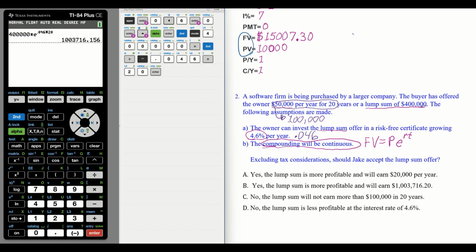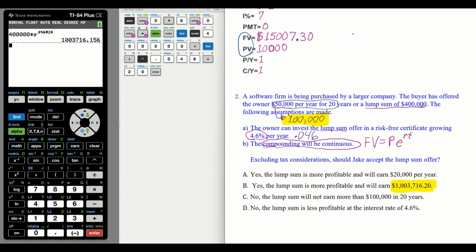Push enter. It gives us something to look at. So what that's saying is that after 20 years, that's how much money we would have. And now we go and compare. That is definitely more than this $100,000.